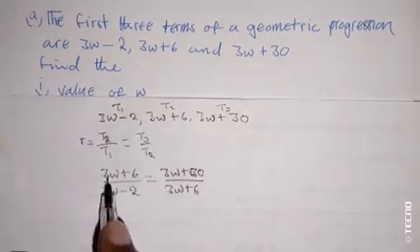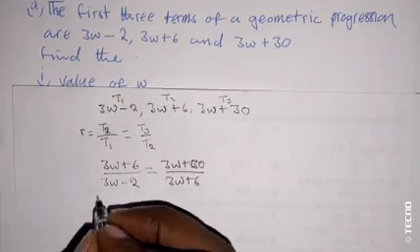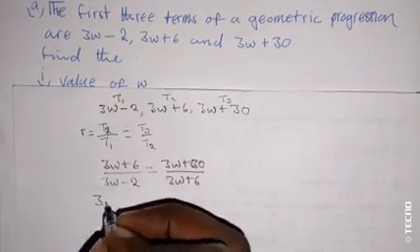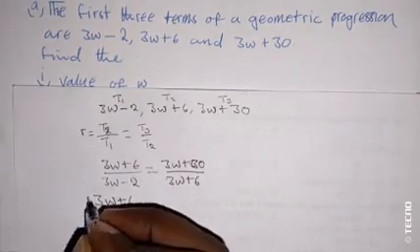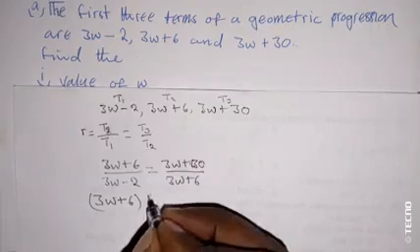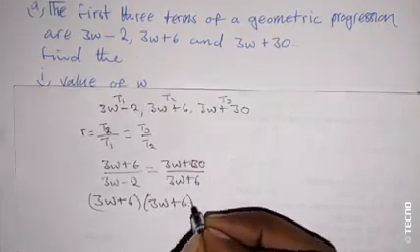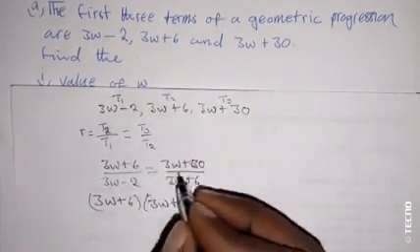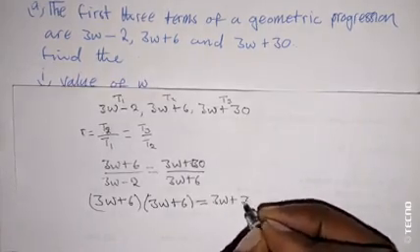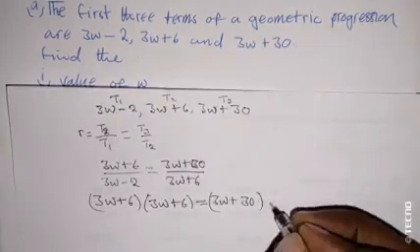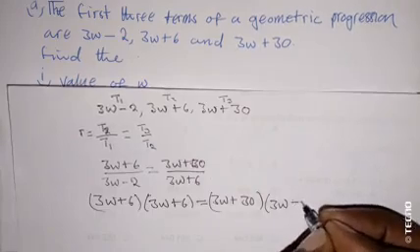Having this, we just cross multiply. So we are saying 3w plus 6 times 3w plus 6 is equal to 3w plus 30 times 3w minus 2.